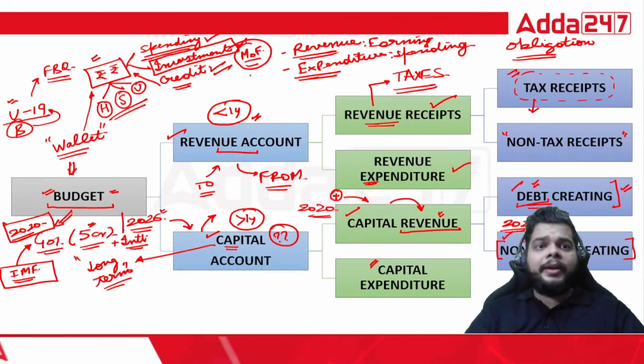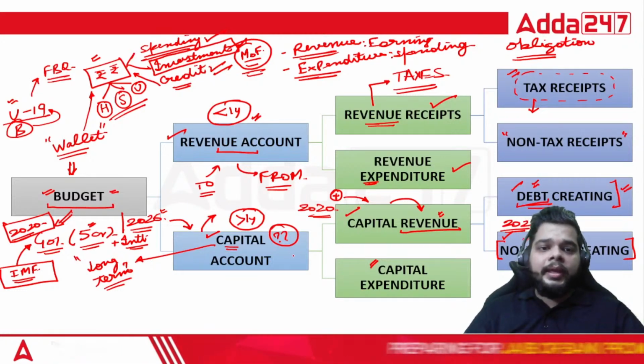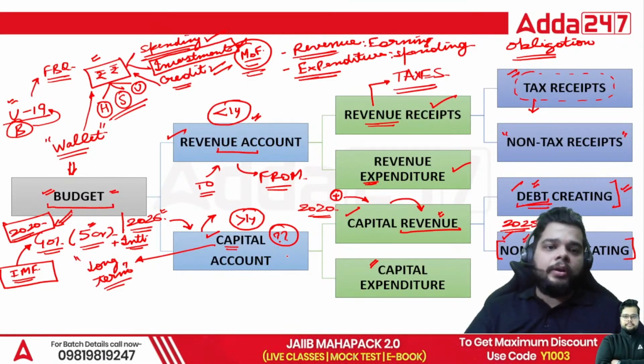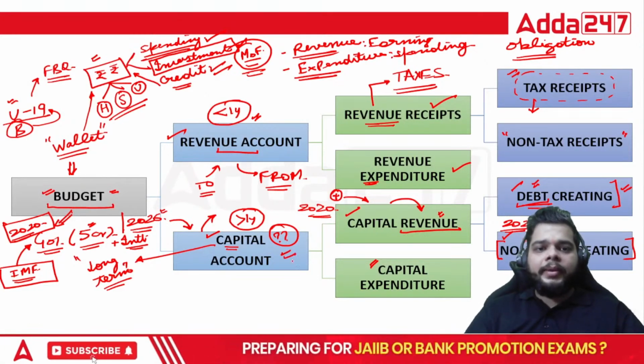So they will form part of what? The Indian budget, union budget only. And in the union budget, they will be credited in which account? Long term account, because it was an investment. So they will be credited in the capital account.